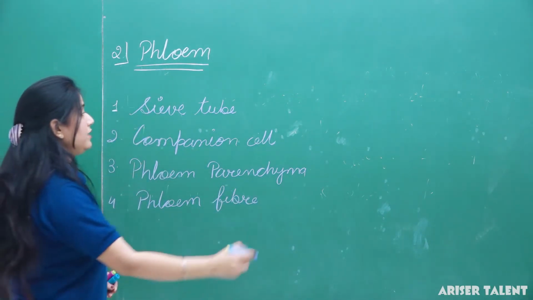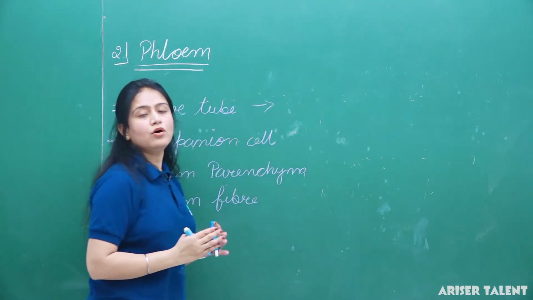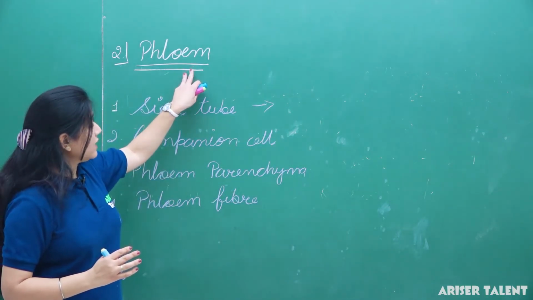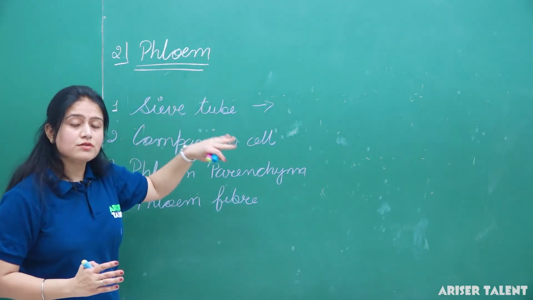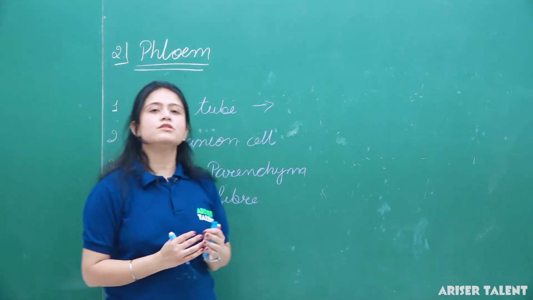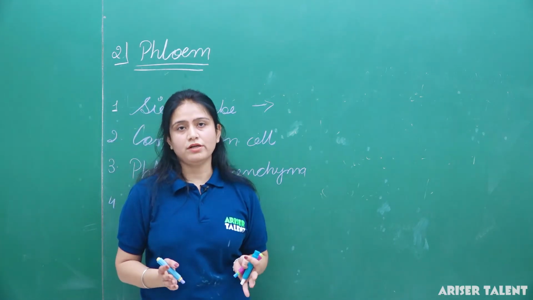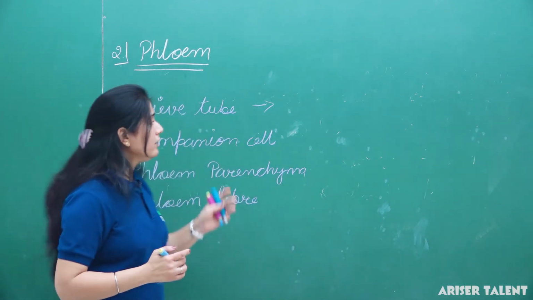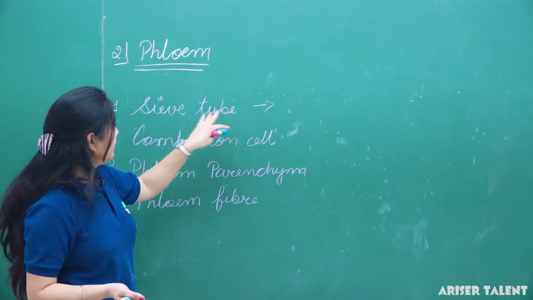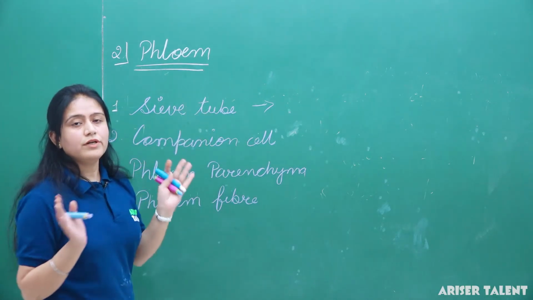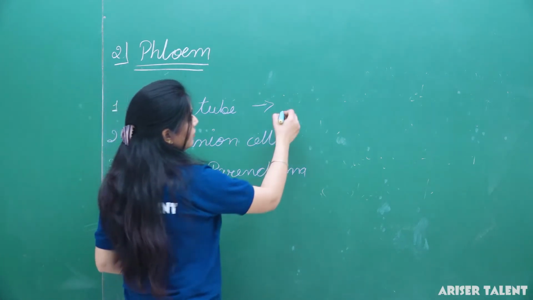Sieve tubes do the perforation of sugar. As we know, leaves make food for the plant by the process of photosynthesis. During photosynthesis, they make sugar, and this sugar, which is the food, is carried by sieve tube to different parts of the plant.